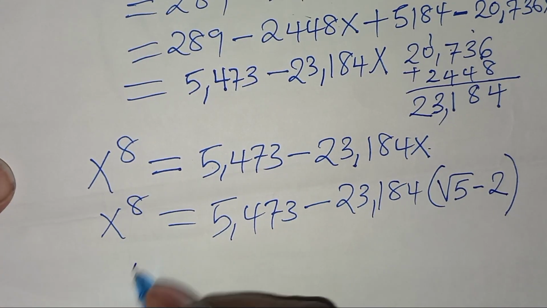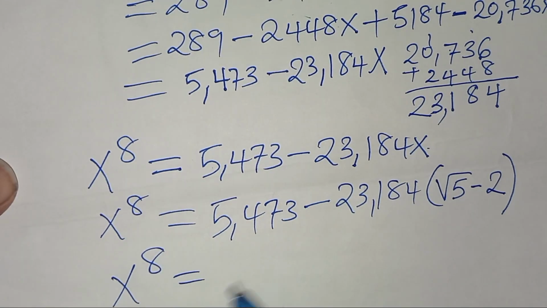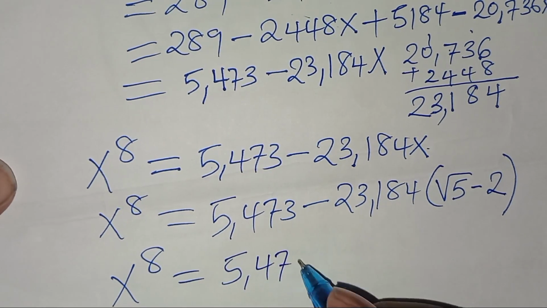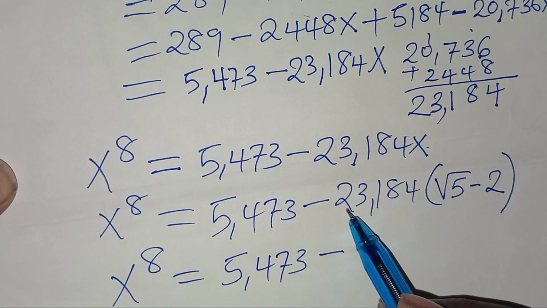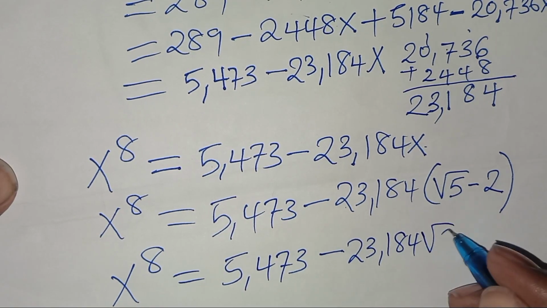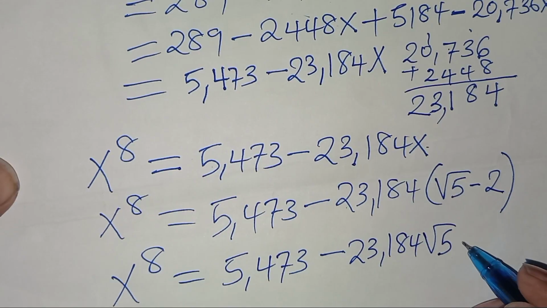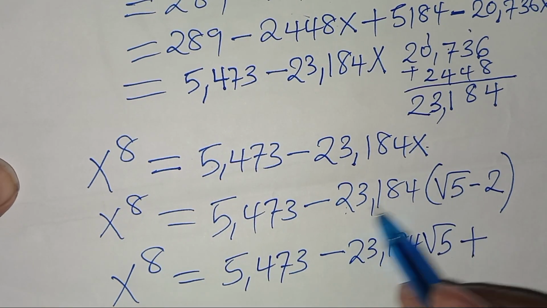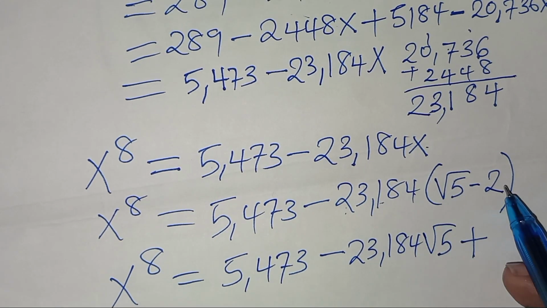Now from here, x to the power 8 is equal to 5473 subtract 23,184 multiplied by square root of 5, then plus 23,184 times 2.